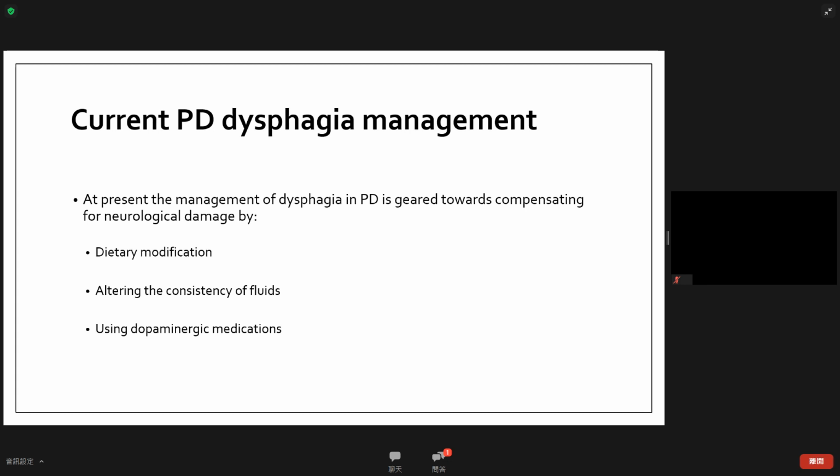In terms of the management of dysphagia, at the moment it is quite conservative, involving dietary modification, altering the consistency of foods or fluids, and the use of dopaminergic medications.